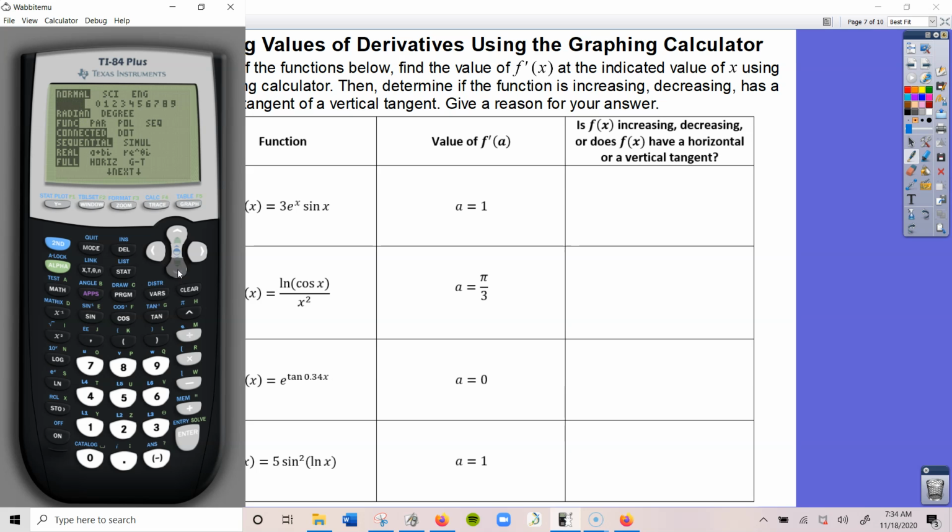If it was set to degrees, you would see it highlighted in black. But in calculus, we only use radians. So I'm going to make sure that it's still in radians. Now I'm going to go to my window and put the standard viewing window just to see what my graph overall looks like. And now I'm going to go ahead and graph.